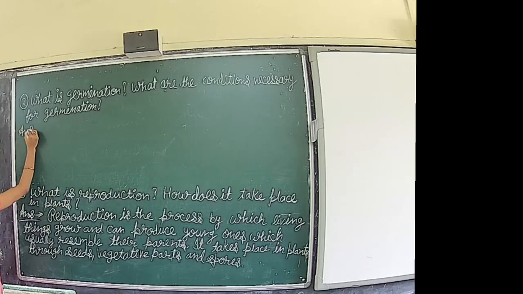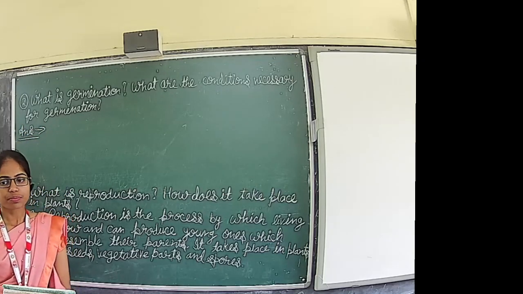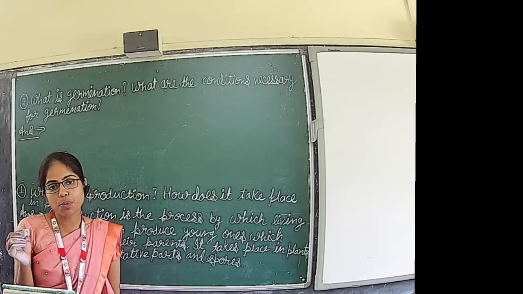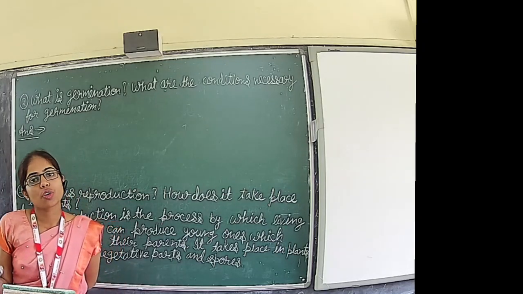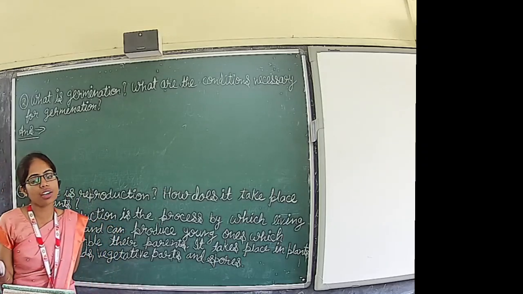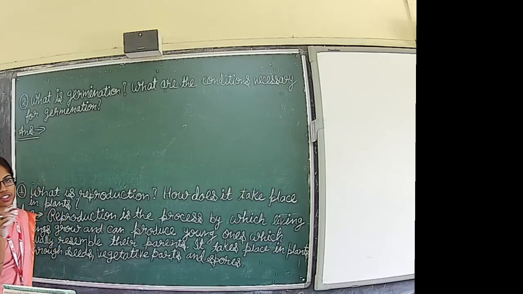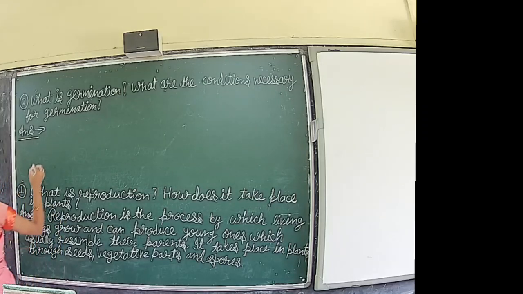We have to write the answer for this question. What is germination? We know the process by which seeds produce baby plants or seedlings is called germination. Now please note down the answer along with me.